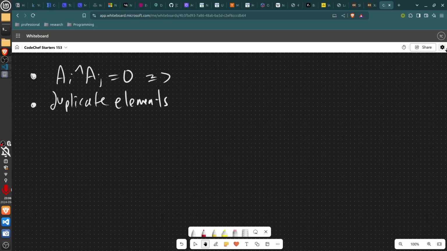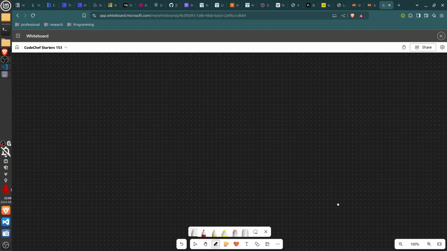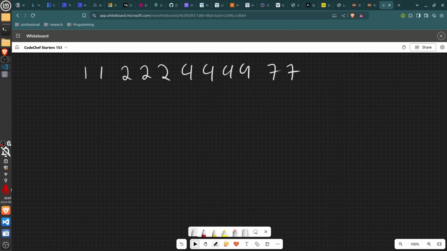So how do you handle duplicate elements? I came up with this really good example. If you have 1 1, 2 2 2, 4 4 4 4, 7 7.